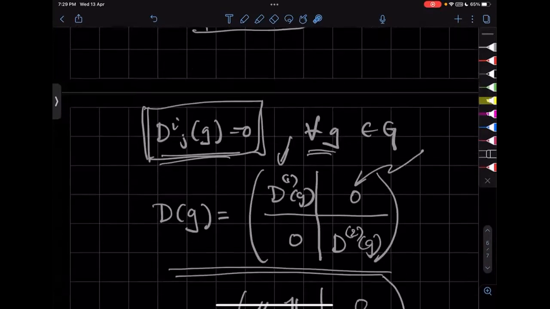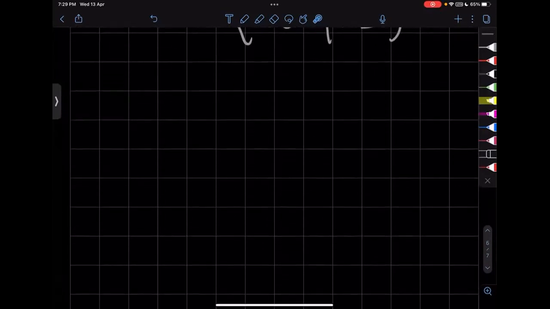Okay, so Schur's Lemma has a lot of implications. One of them is that the unitary irreducible representations of finite and compact abelian groups are one-dimensional.